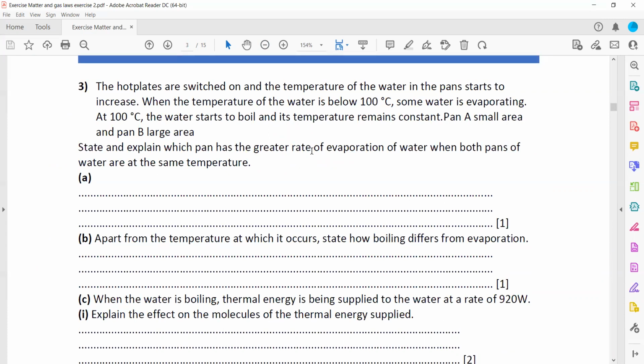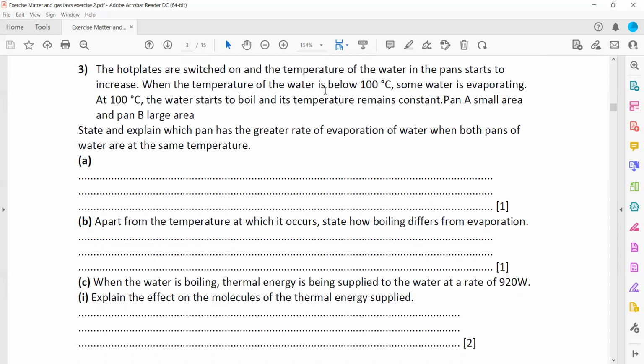In question 3, the hot plates are switched on and the temperature of the water in the pan starts to increase. When the temperature of the water is below 100, some of the water evaporates. At 100, the water starts to boil and its temperature remains constant. Pan A has a small area compared to pan B. So we have two pans with different areas.